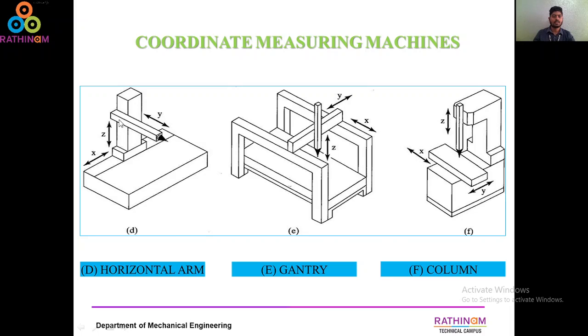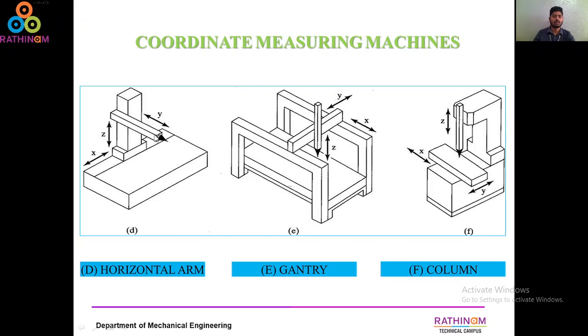In the previous measuring systems, the bridge was used for the y direction. Here the probe is used for the y direction. The probe extends and makes contact for the y direction.